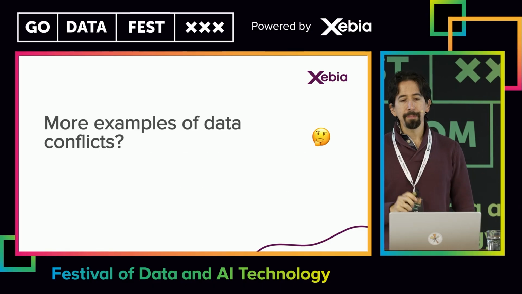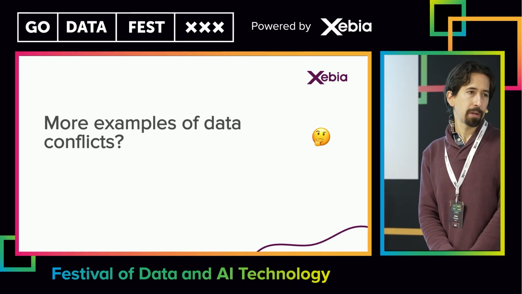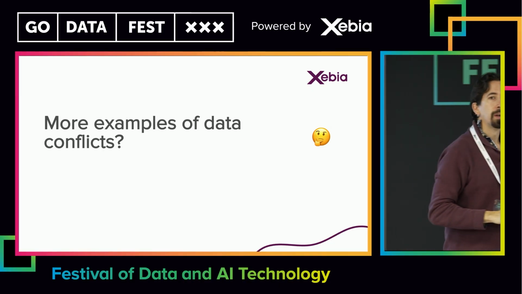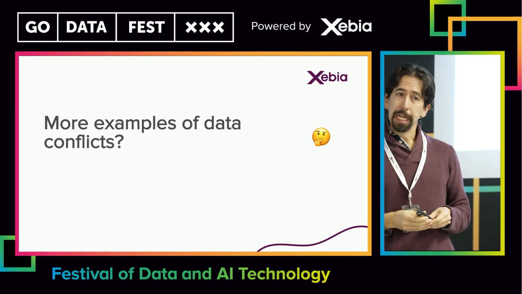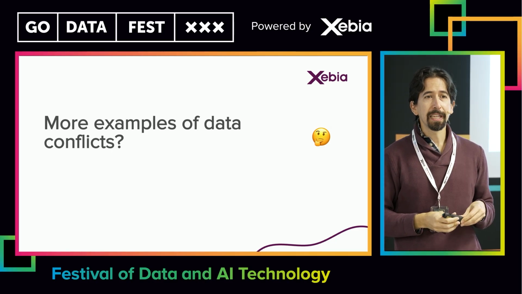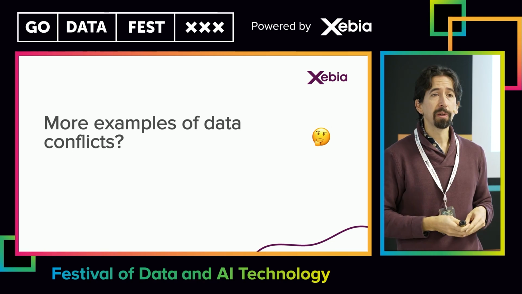Can you let me know more examples of data conflicts, data problems you have encountered in your projects? Yes? Single source of truth is one of my favorite conflicts. We have them all the time. We talk a lot about it when we use DBT, when we use data modeling.